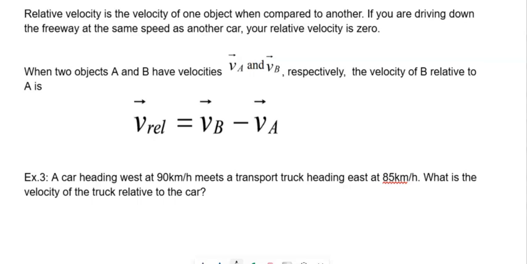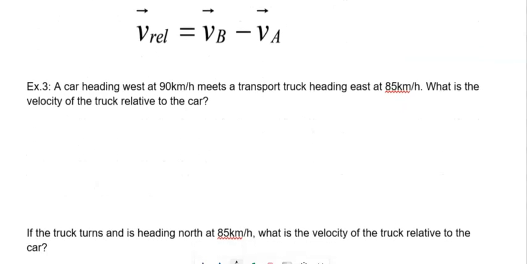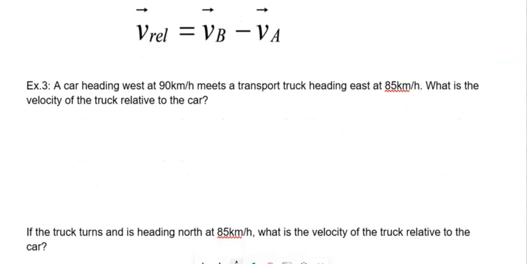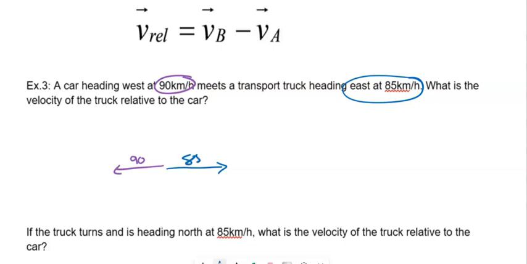The velocity of B relative to A is the difference of those two vectors. So let's just look at a simple example. A car is heading west at 90 kilometers an hour, and it's meeting a transfer truck heading east at 85 kilometers an hour. What is the relative velocity of the truck relative to the car?